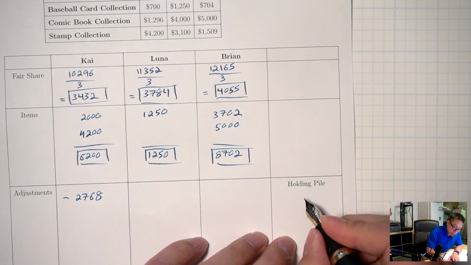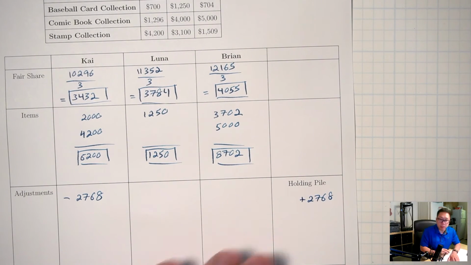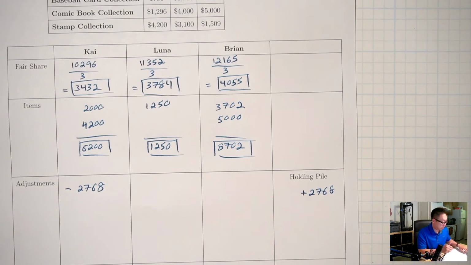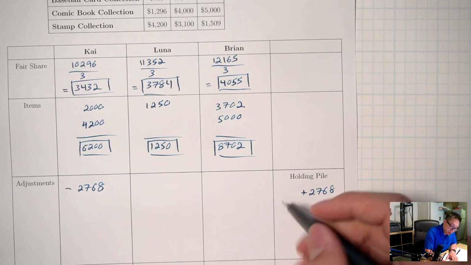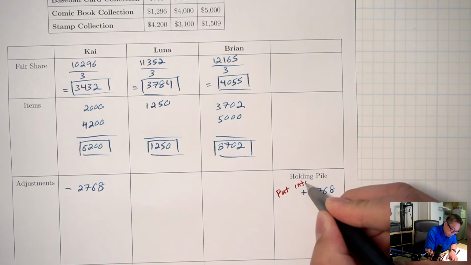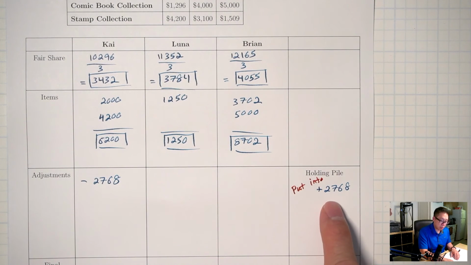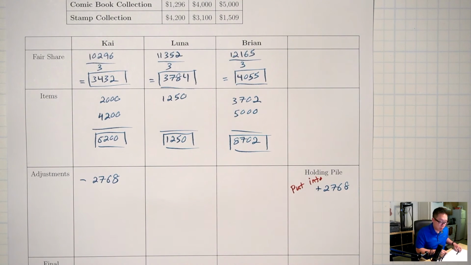So in the holding pile, it's going to be a plus 2768. The signs should be opposite. Let me make a note here that this means Kai is going to pay $2,768 into the holding pile.